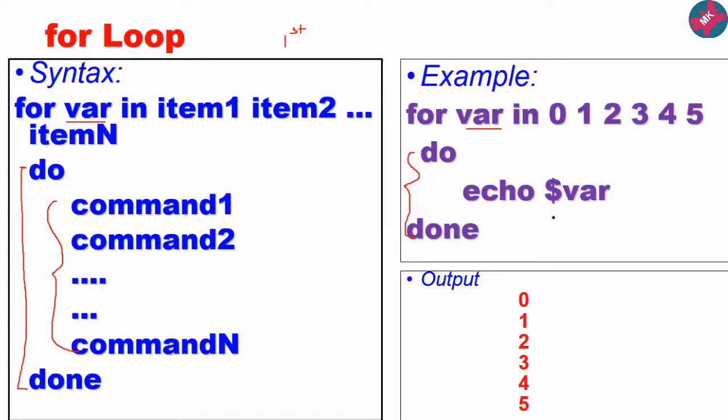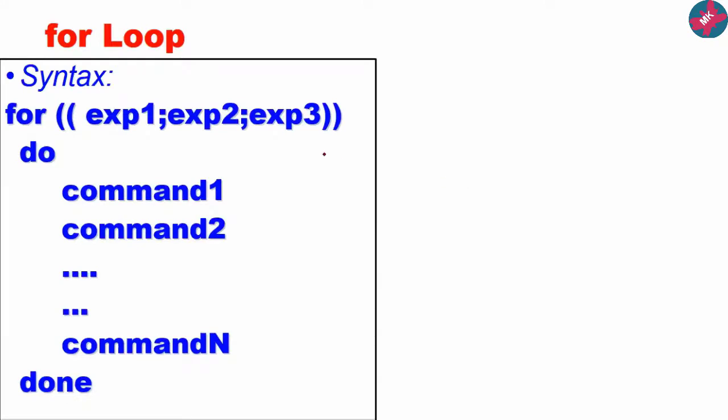Then let us see the second way that we can write the for loop. This is very similar to our C-like statement. Now if you remember, in C language, this double parenthesis is not there, but in C language we write three expressions, isn't it?